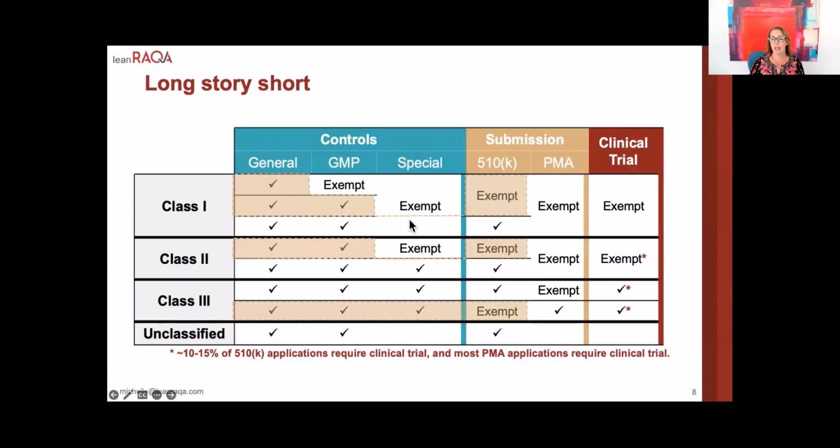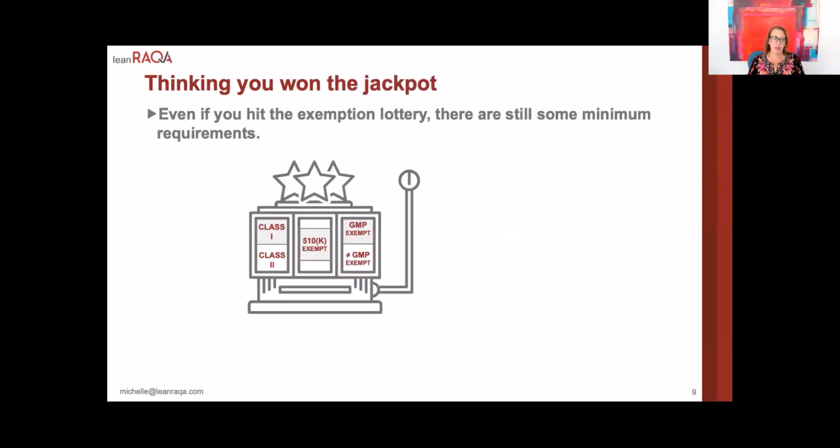So it's really not easy to navigate your product classification and your regulatory pathway analysis, because there are so many options or configurations that could exist for your requirements and your exemptions.